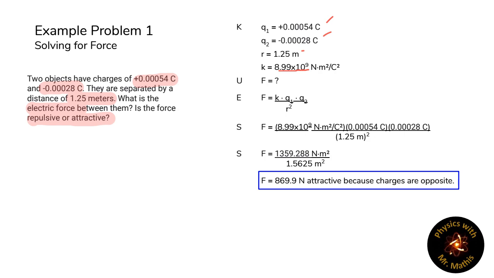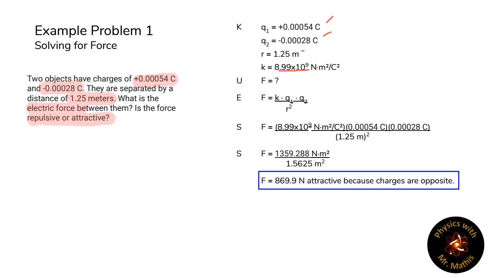We know that if the charges are the same, they repel, and if the charges are different, they will attract. In this case, we have one positive charge and one negative charge. So at the end, we're going to be able to say that the charges attract because they're opposite, without actually having to keep track of the positives and negatives all the way through the problem.